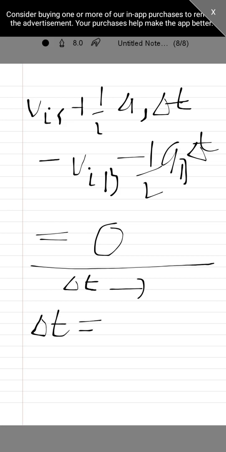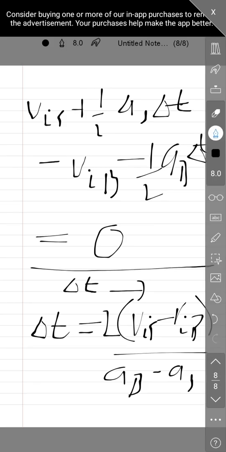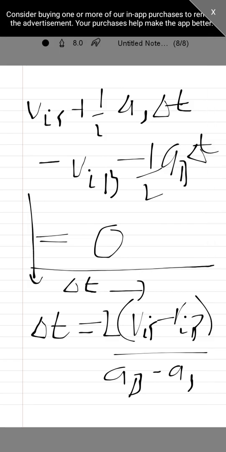Change in time is equal to 2 times V_IS minus V_IB all over A_B, the acceleration of the black spaceship, minus the acceleration of the silver one. You can work this out, just to give yourself practice, moving from here to here, making this substitution and having this form.